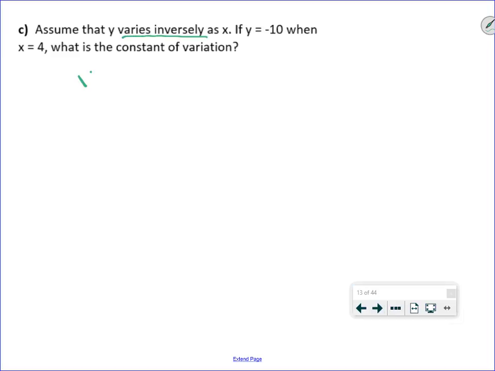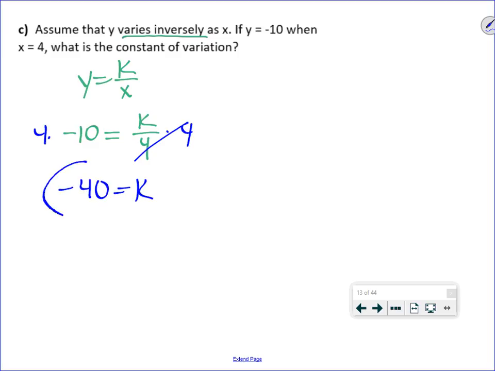The equation for inverse variation is y equals k divided by x. So what is the constant of variation? We plug in negative 10 equals k over 4. Just going to multiply both sides by 4, and I'll get k equals negative 40. So the constant of variation is negative 40.